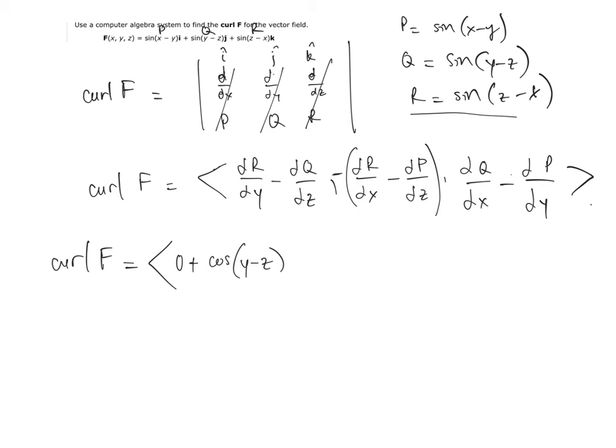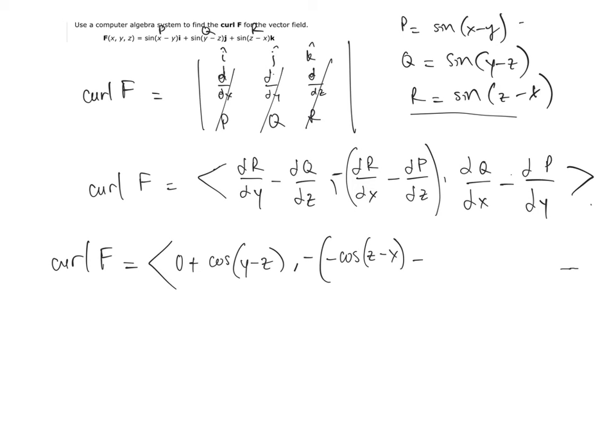So positive cosine. Next one, you have negative outside. Partial of R with respect to x, you will get negative cosine because of the chain rule inside. So don't forget the chain rule. Minus partial of P with respect to z.